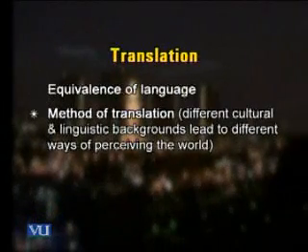The method of translation must be identified again, that is, how the translation was conducted, because different people from different cultures, from different societies have different ways of looking towards the world. They use their own lens of values and experiences to look towards the world.